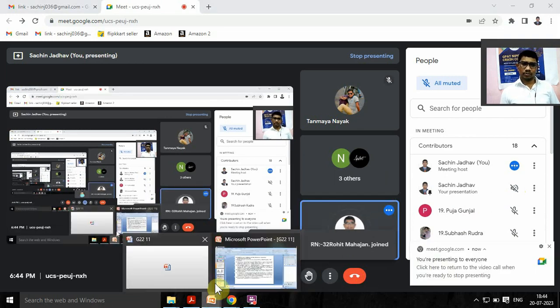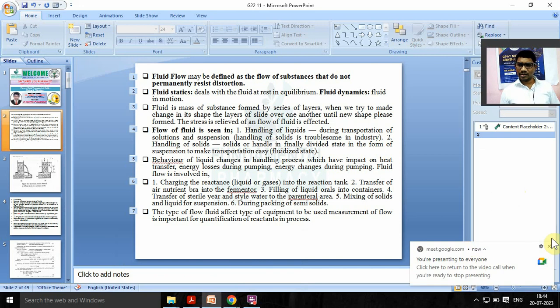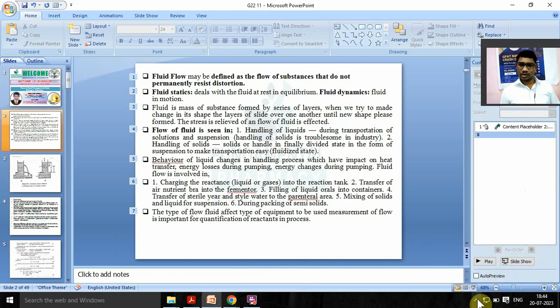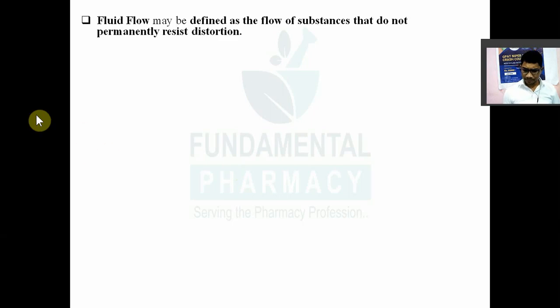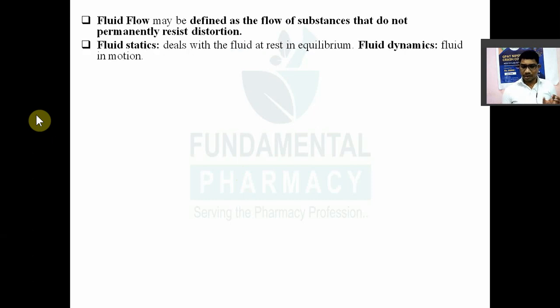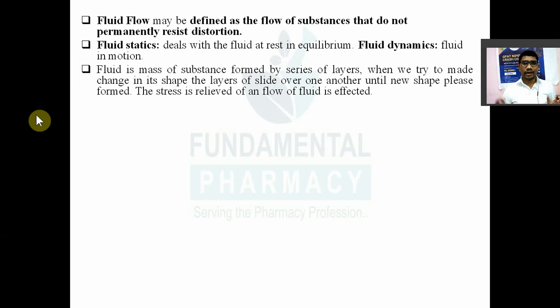So this fluid dynamics is very important for our pharmaceutical industry. That's why you have to study this flow of fluid, otherwise there is no reason. Because a lot of operations are involved, for example if you are carrying out any reaction, जैसे बल्क ड्रग इंडस्ट्री में होता है. If you want to carry out the reaction, so you want to synthesize some compound, and for that you need a reactant. Some reactants are liquid in nature, जैसे क्लोरोफॉर्म हो गया, अल्कोहल हो गया, वाटर हो गया, so you have to transport that water, chloroform or reactant to a reaction vessel.